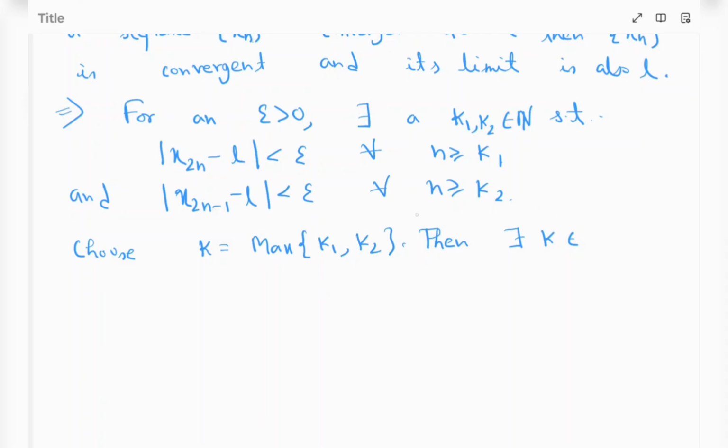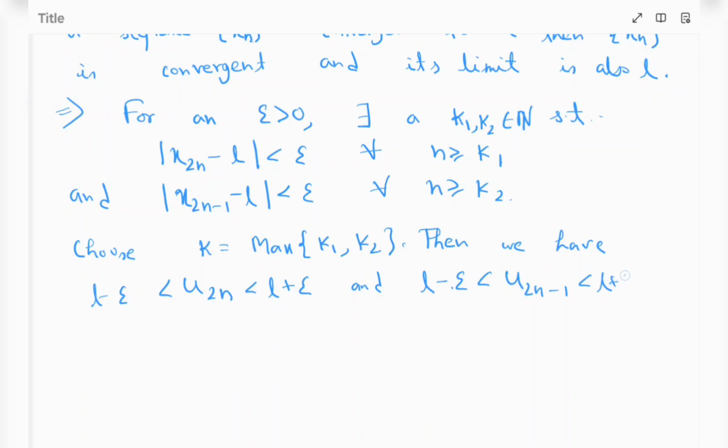Then we have x2n belongs to (L minus epsilon, L plus epsilon), and x2n minus 1 also lies between L minus epsilon and L plus epsilon, for all n greater than or equal to k, right?